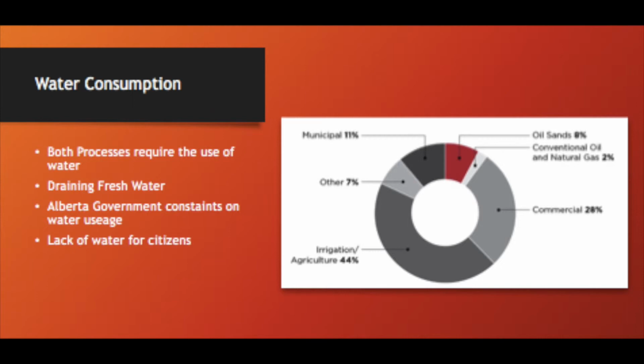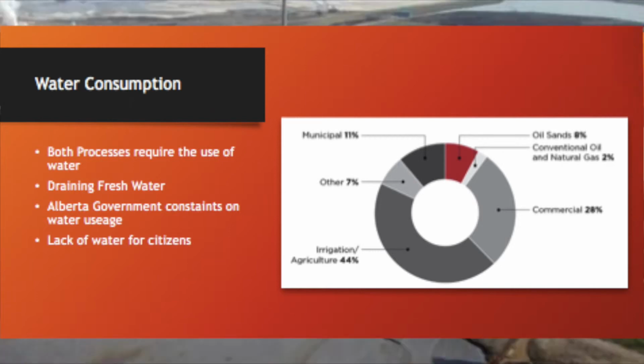Not only is this using a lot of water, it's contaminating the fresh water as well through things like tailing ponds and just dumping residue and things like that into areas that we need drinking water from. So if you are exporting nearly 2.4 million barrels of oil per day, you are using about a maximum of 9,600,000 barrels of water per day for this extraction.